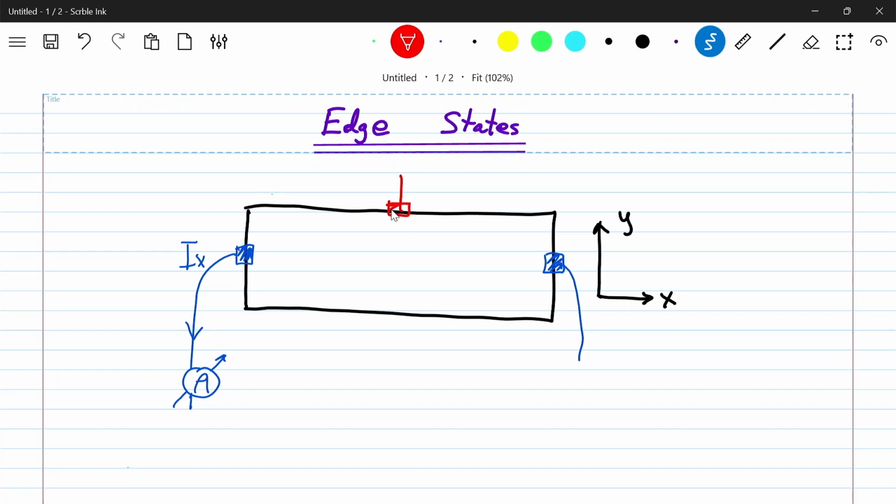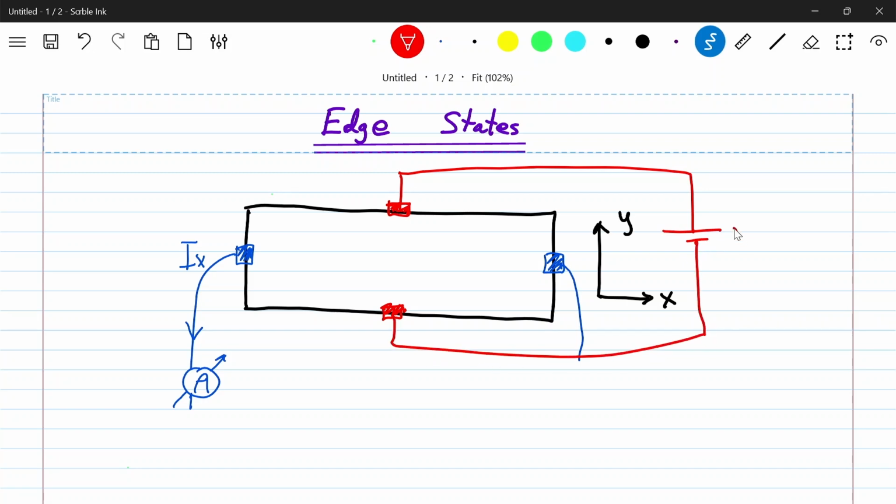There are two transverse contacts to which you are connecting an electric bias. We call it Vy. So this is the measurement setup.